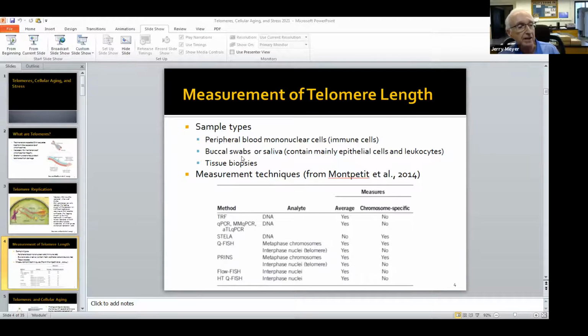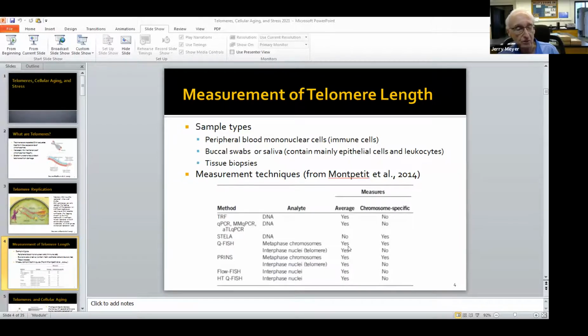You can take swabs from the cheek, which are often used for other DNA purposes like forensics and identifying parentage, whatever it might be, or saliva, which does also contain actual cells, including epithelial cells and leukocytes, white blood cells, or tissue biopsy. Now, of course, for normal experimental research, you wouldn't be doing this. So you'd likely be using one or the other of these approaches.